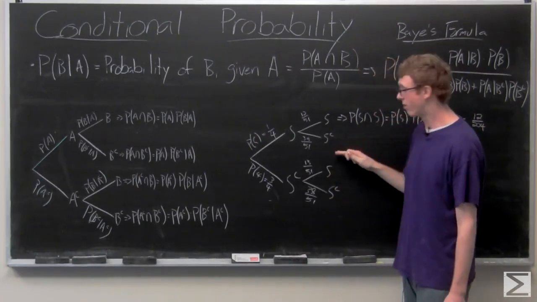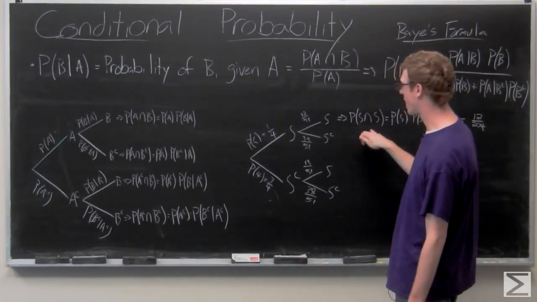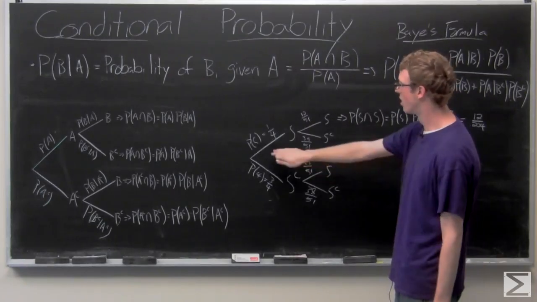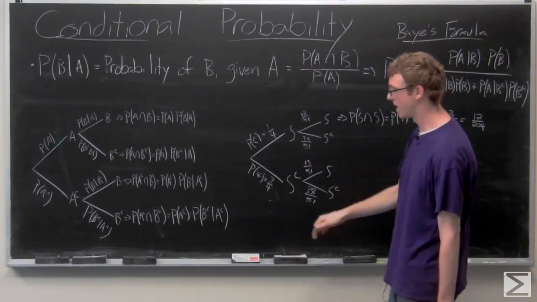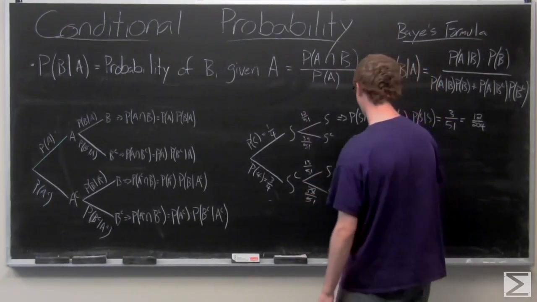I'm just going to go ahead and write out the probabilities for the tree, and we're going to see exactly what we're calculating: spade and not spade, or not spade and spade, or not spade and not spade.